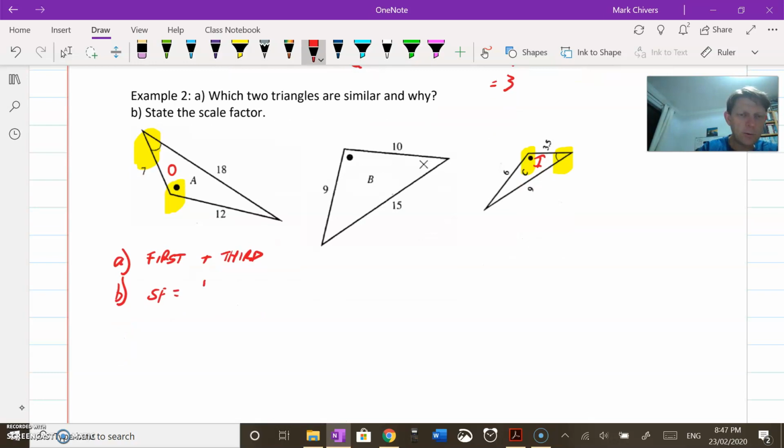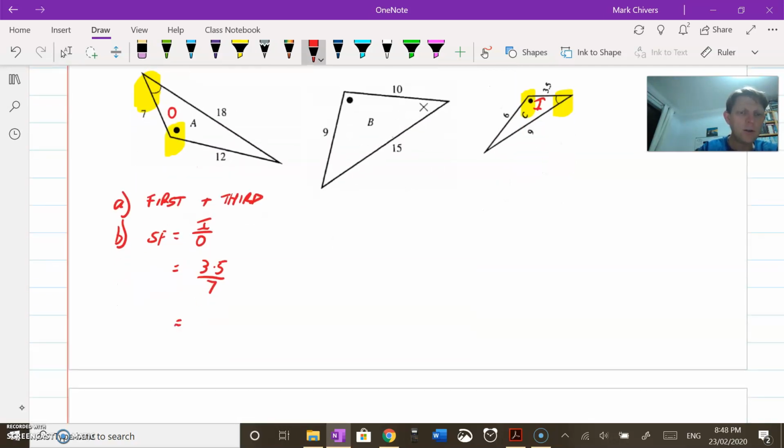Scale factor equals the image over the object. In this case, the image distance is 3.5, and on the same side of the other one, it's 7. Now, you could use the other sides, but I just grabbed that one because I thought it was the easiest one because it's between the two angles.